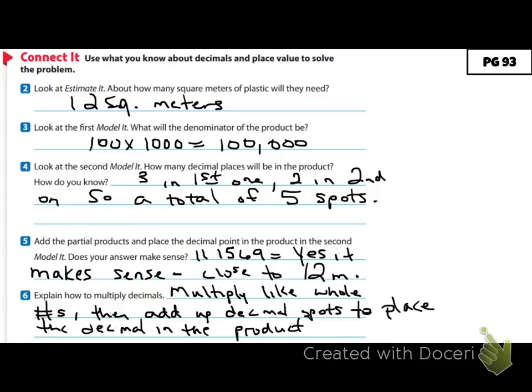The product is the answer of the multiplication. So basically just add them up and see how many spots you need to go over and place your decimal in your answer or your product.